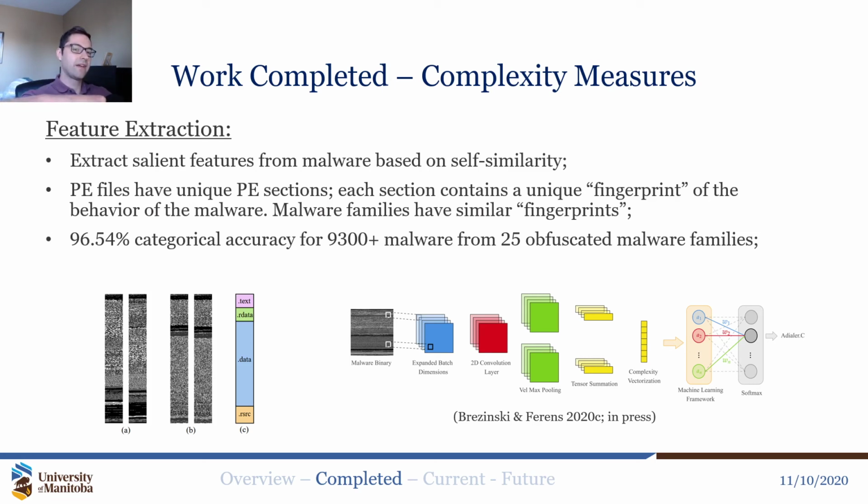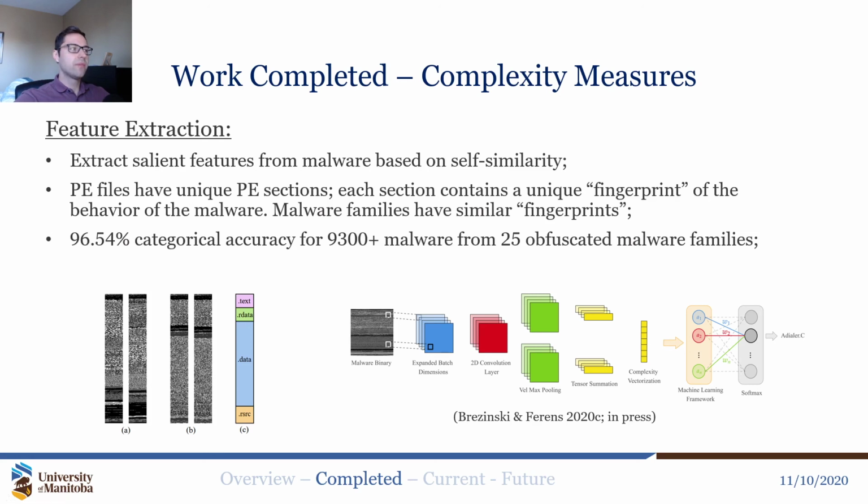of the malware binary built into the convolution, and then we perform tensor summation and compute the complexity. Backpropagation will backpropagate over the vel max pooling for us, because max pooling is typically used in convolutional neural networks. So we can perform backpropagation through the network, correspond certain weights and biases in the convolutional layer, and tune those to perform our classification.